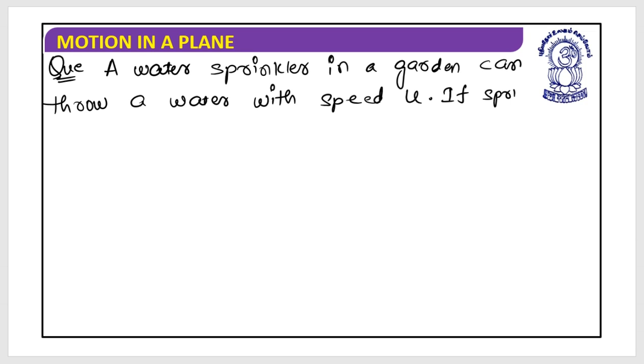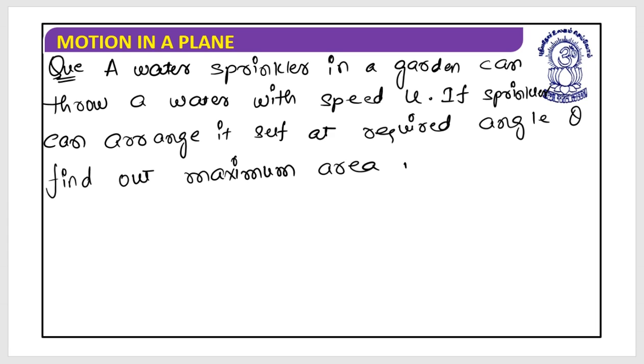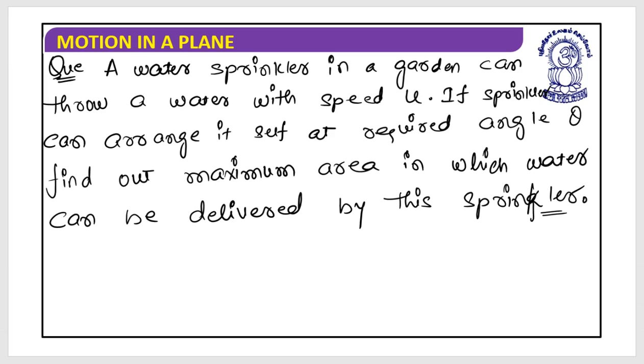If the sprinkler can arrange itself at the required angle theta, find out the maximum area in which water can be delivered by the sprinkler. That is the requirement.